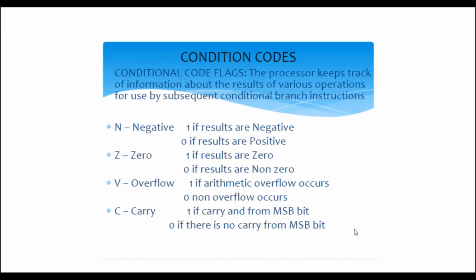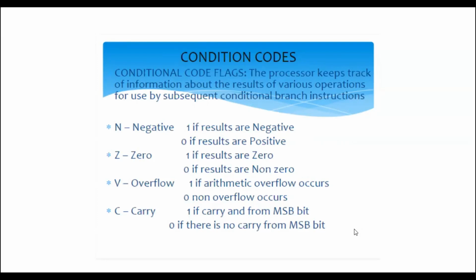The N, Z, C, and V bits are the condition code flags. You can set them by arithmetic and logical operations. They can also be set by MSR and LDM instructions.